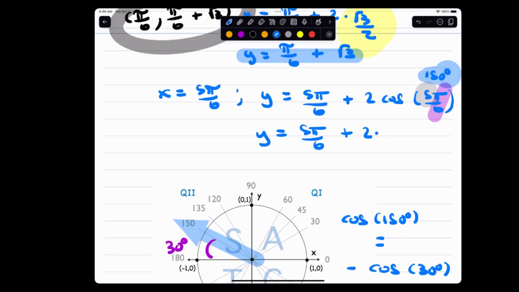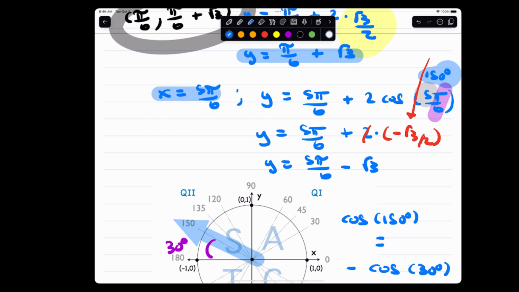So this goes where? Here. That's negative square root of 3 over 2. So what does that mean? Your 2's cancel, and now what is your y going to be? It's 5 pi over 6 minus what? Square root of 3. So what's this point going to be here?